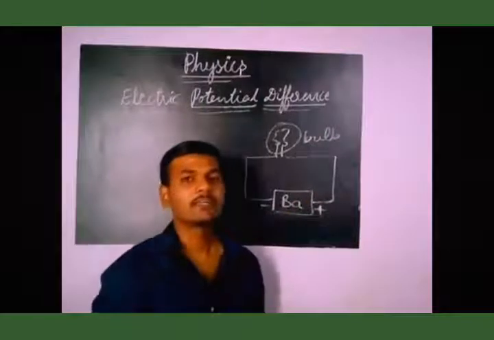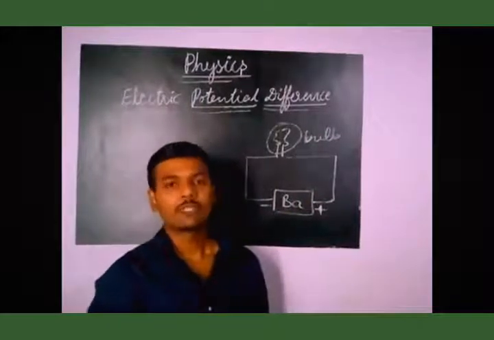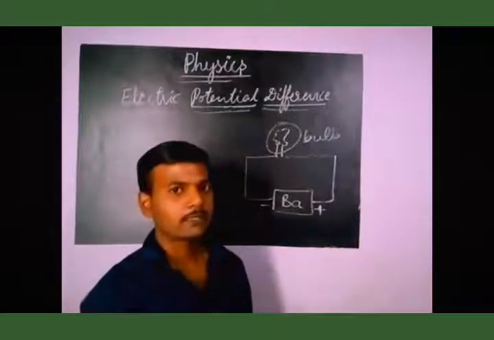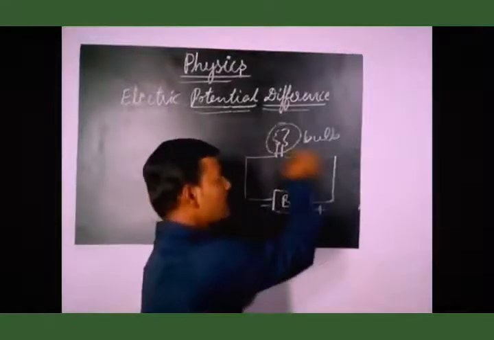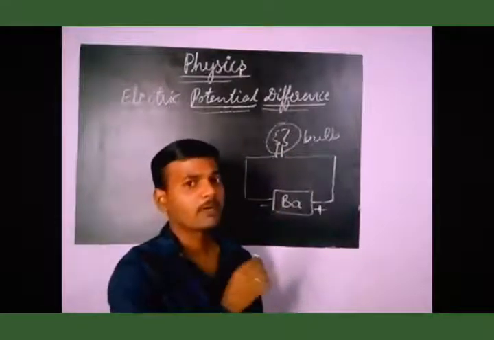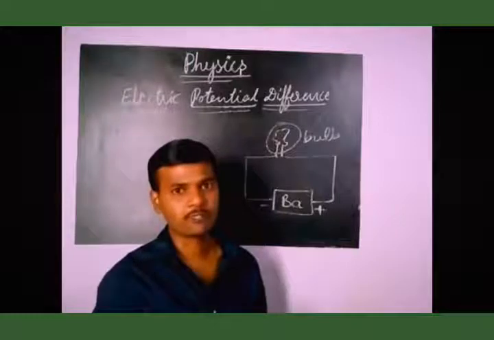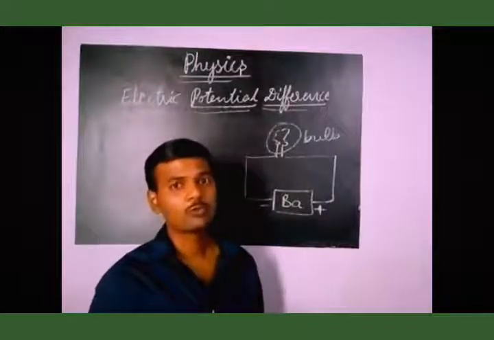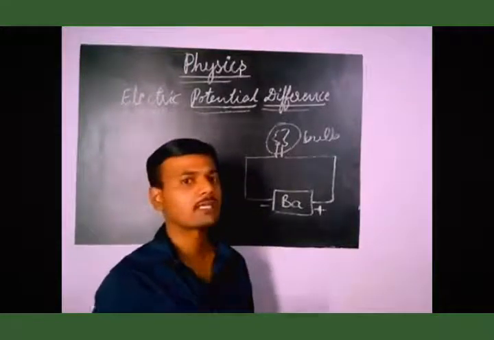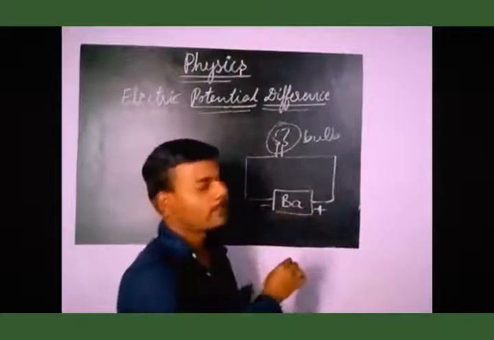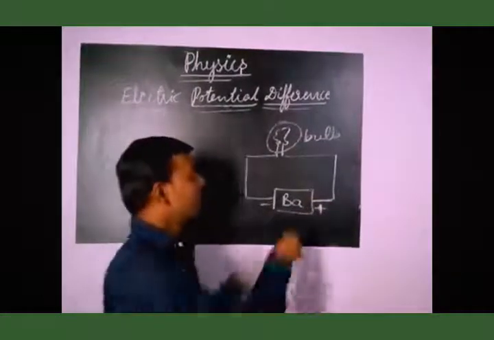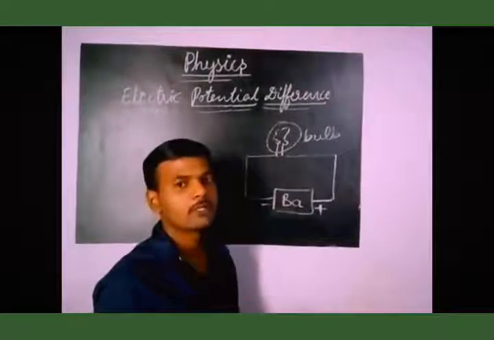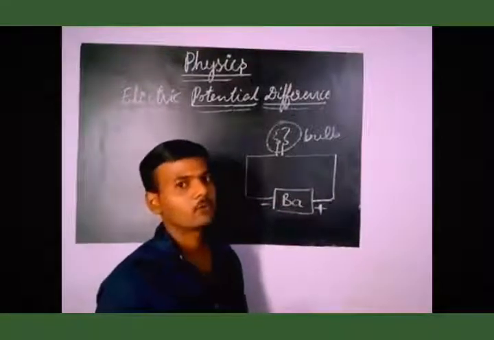The battery creates the potential difference in the conductor, because electrons are already there in the conductor, but they need an external force to move. That external force is provided by the battery. So the battery creates the force to move the charges from one point to another point.